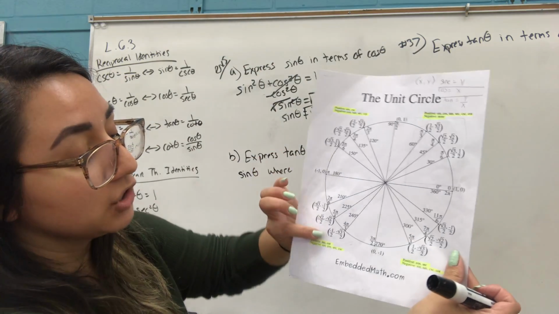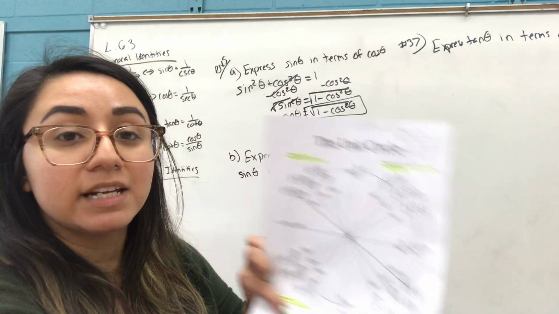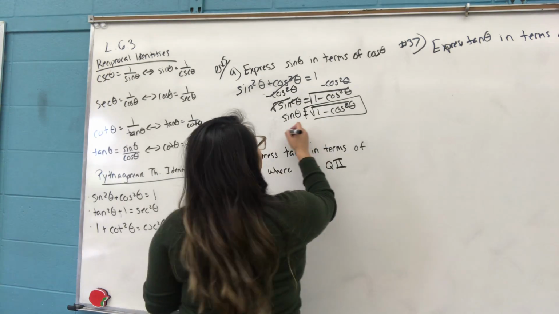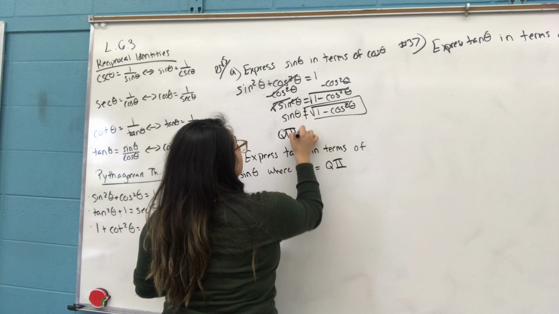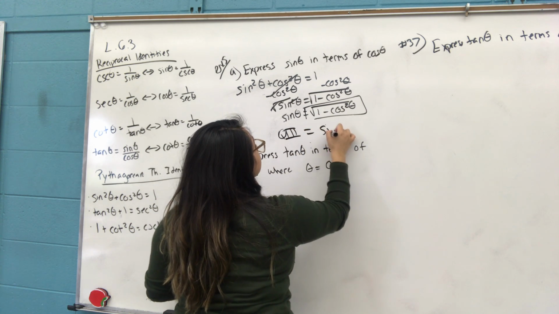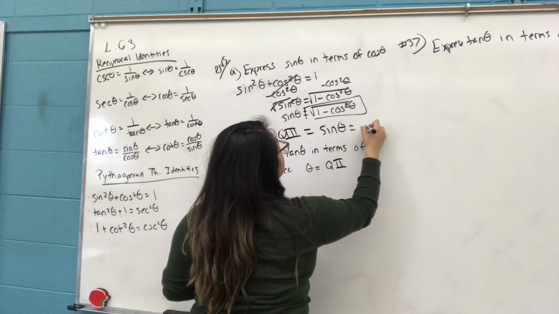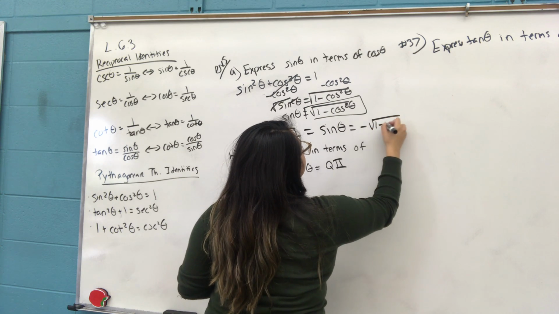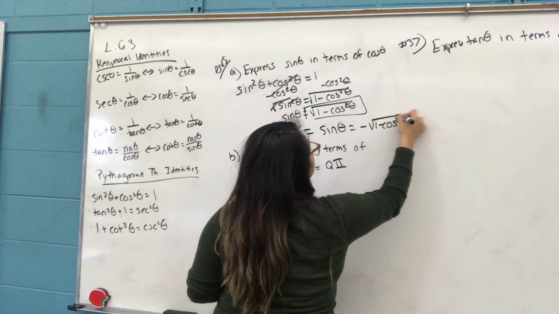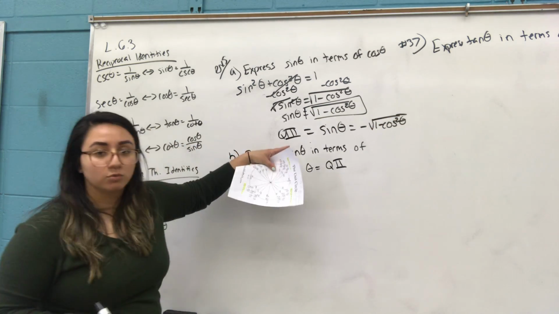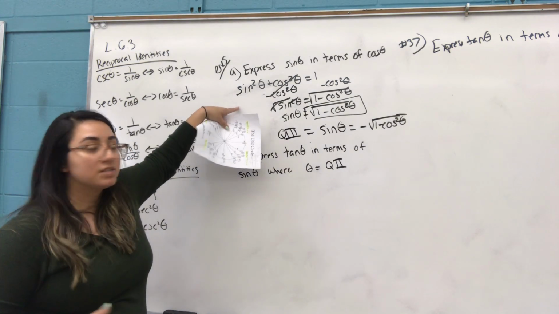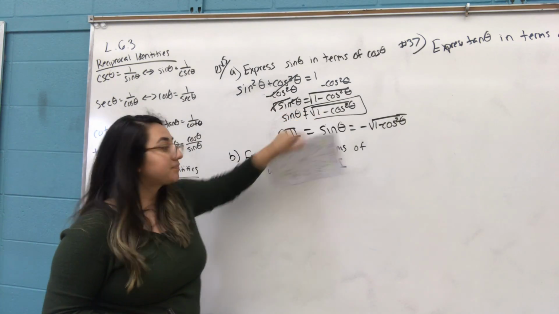But sine in the third quadrant is considered negative. So if it was in the third quadrant, then your answer would be sine theta is equal to negative radical 1 minus cosine squared, because it's in the third quadrant. Here it doesn't say what quadrant, so your answer would just be this right here.